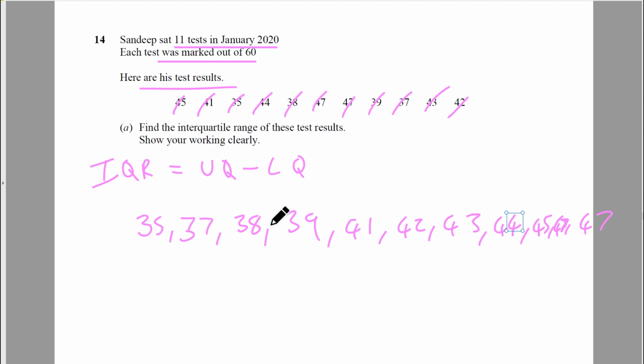Now 1, 2, 3, 4, 5, 6. You can see 42 is the median, because it's 1, 2, 3, 4, 5 numbers on either side.